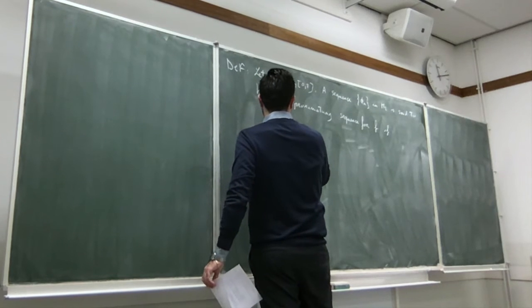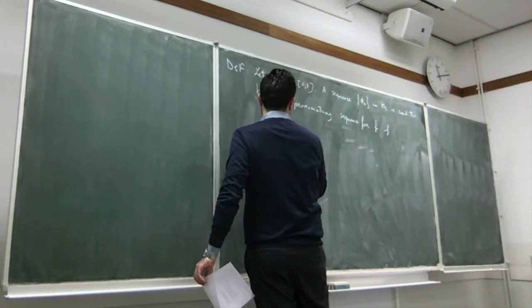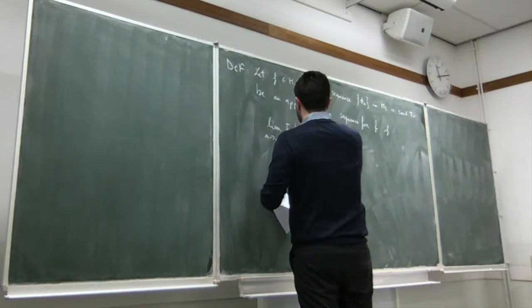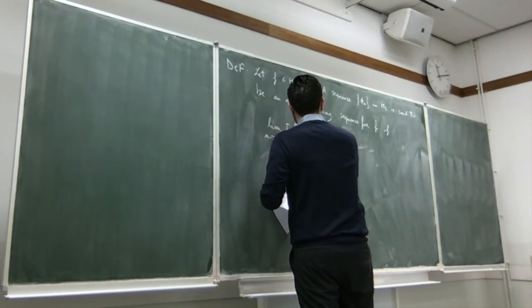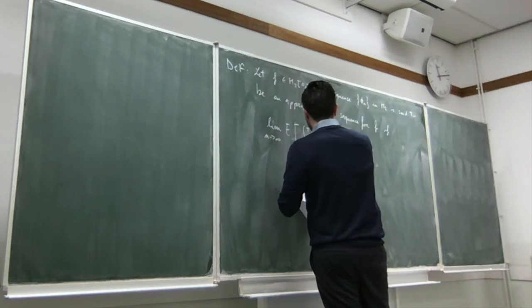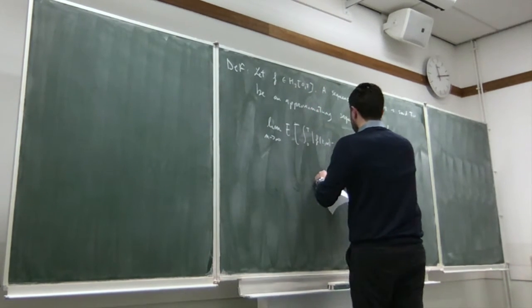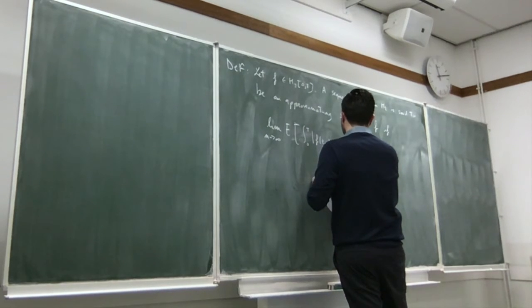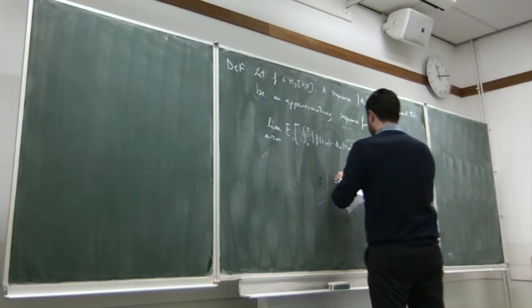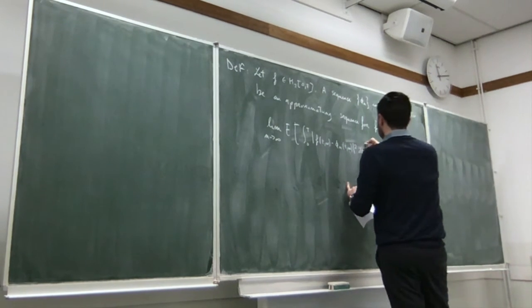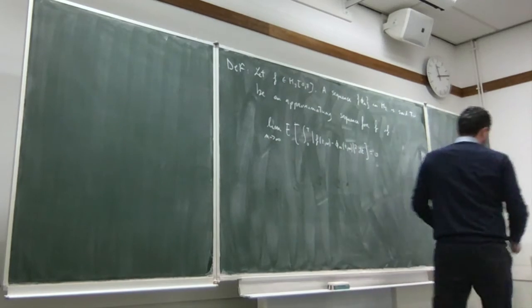So the limit for n tending to infinity of the expectation of what? Of the integral between 0 and capital T of f(t, omega) minus phi_n(t, omega) squared dt is equal to 0.